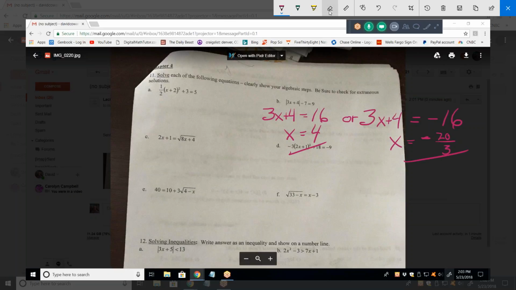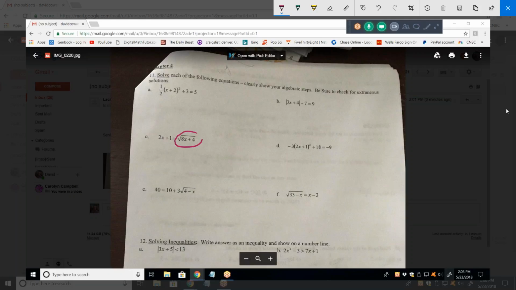Okay, let's go to number C. First step on C. So, would you subtract 1? I'm actually glad you said almost subtract 1, because that normally would be the first step. But when you see radical signs in an equation, the goal is to isolate the radical sign. And it's already isolated.